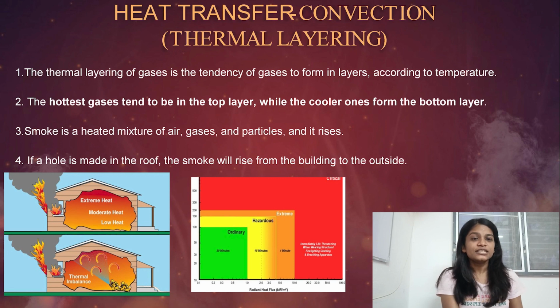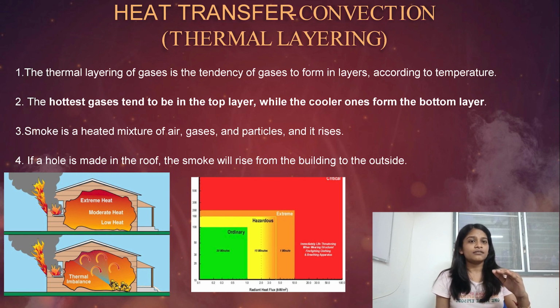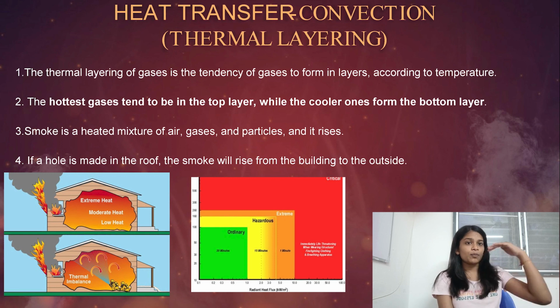For further details of heat transfer, which is mainly focused on convection, we are focusing on thermal layering now. Okay. So thermal layering of gases is the tendency of gases to form layers according to temperature, which means there will be several layers, with the hottest gases tending to be at the top of the layer, while the cooler ones will be at the bottom.